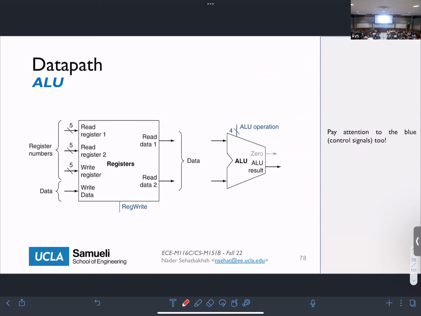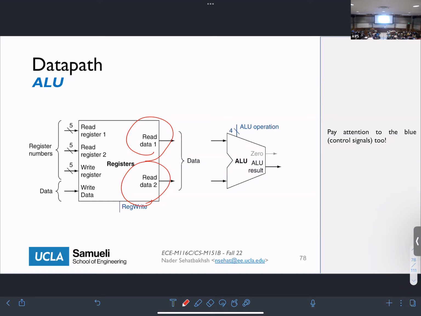Now if we connect these two, the output of the register basically needs to go to the next part of our data path, which is the ALU, the arithmetic operation unit. What the ALU does is either sub or add or XOR or subtract and all those things.